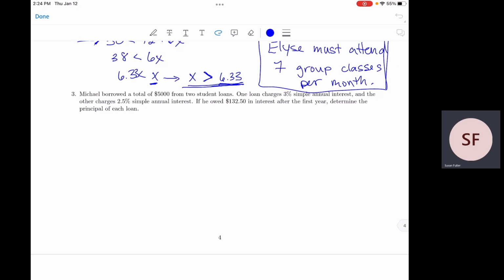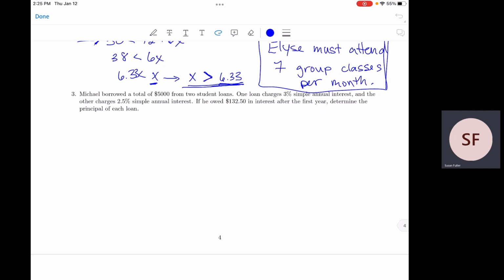Okay. So Michael borrowed some money for student loans, and he's got 2 student loans. Again, I have no idea what my variable is going to be, so I'm just going to start taking some notes and try to figure that out. Okay, so he borrowed $5,000 from 2 student loans.